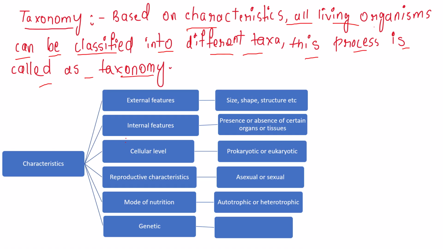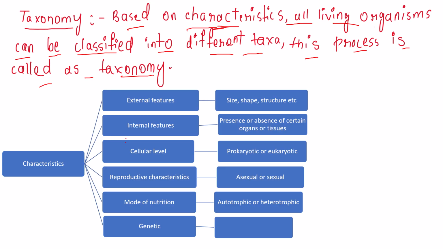What exactly does this mean? We have already discussed identification and classification. Taxonomy is nothing but the process which includes all of these. We have said here that based on characteristics, all living organisms can be classified into different taxa. This process is called taxonomy.